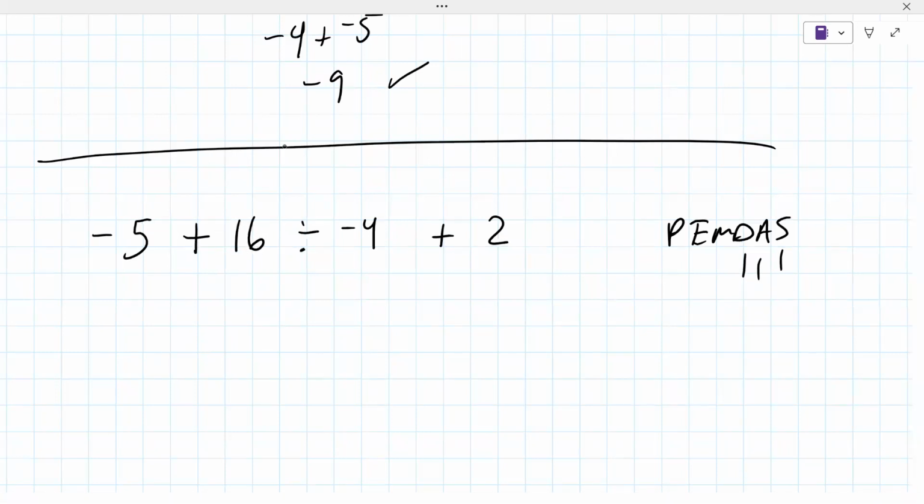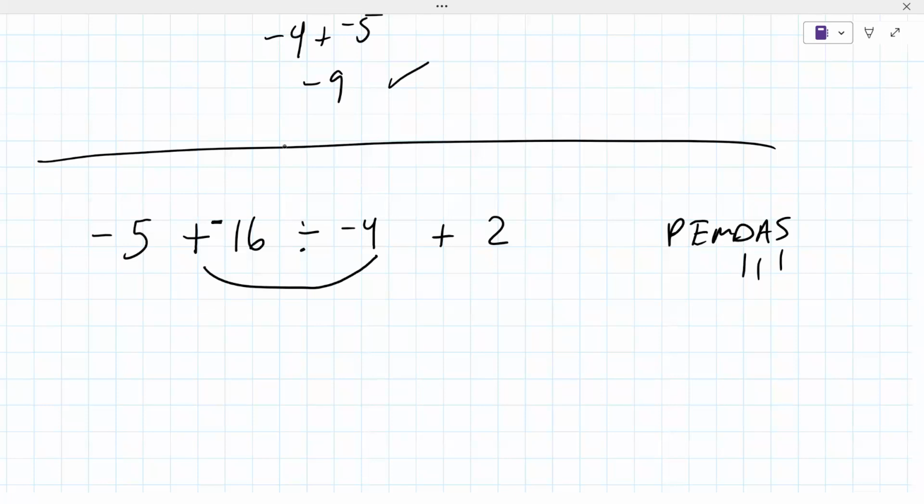Which one do you want to look at this as, -16 or positive 16? -16. Okay, so I would change it to this then. What is -16 divided by -4? Why is it negative?